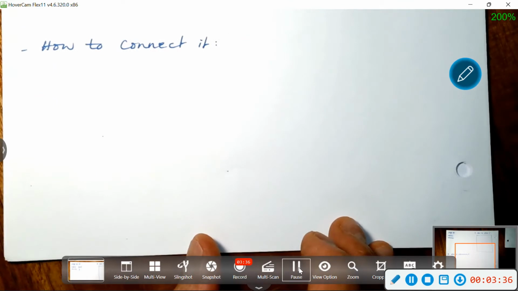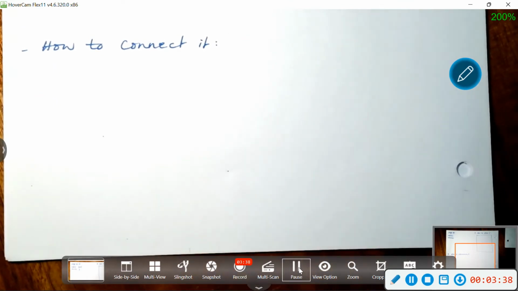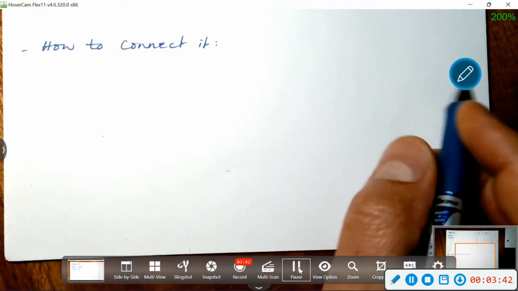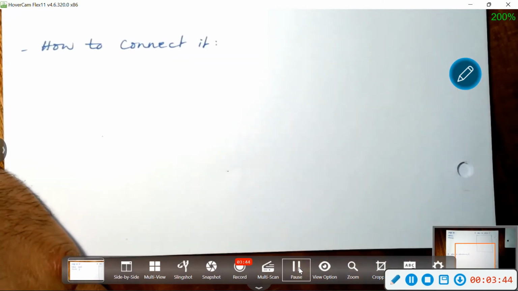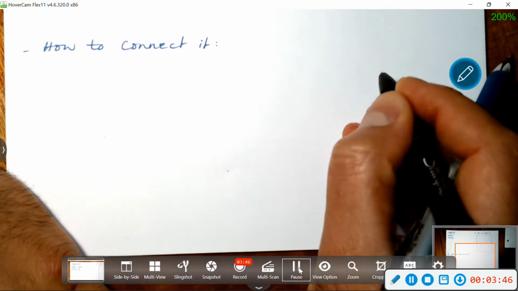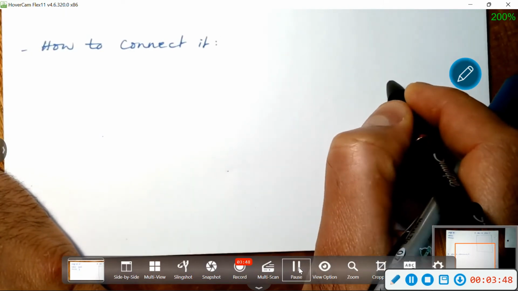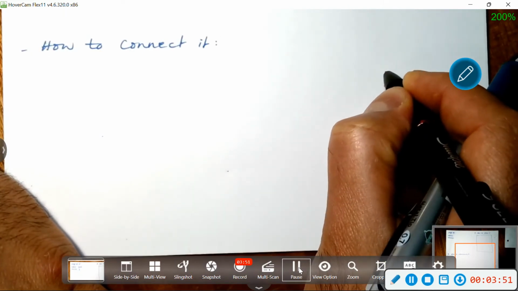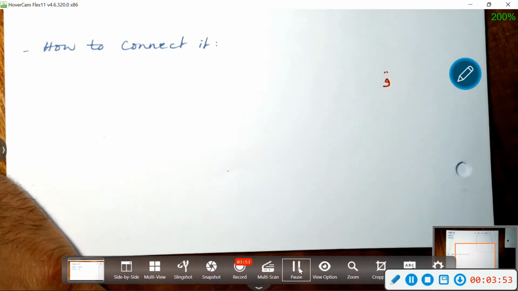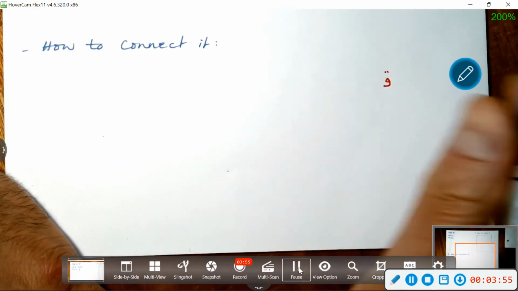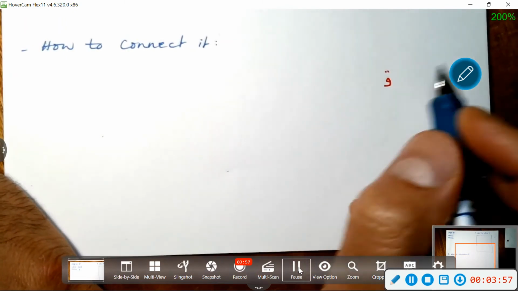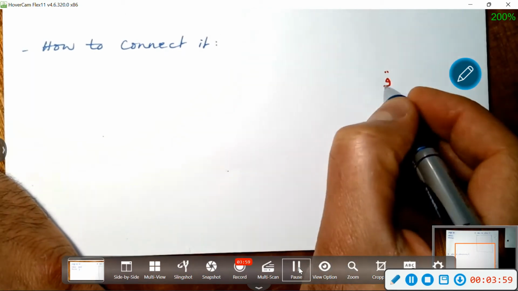Now let's see how to connect it. At the beginning of the word we have the word qalam. And as I said, Qaaf at the beginning, like Fa, exactly. At the beginning of the word, it has a neck.